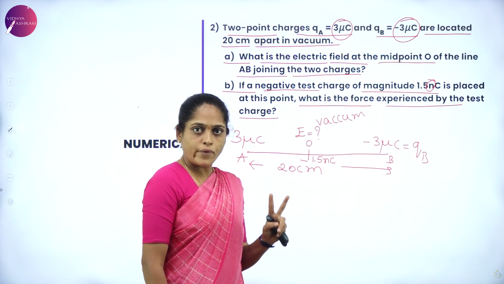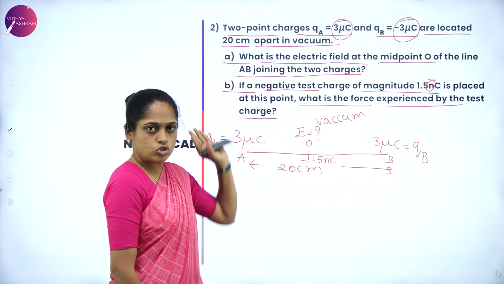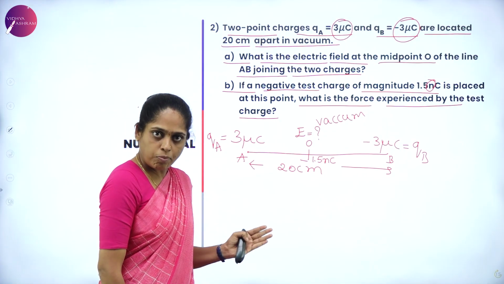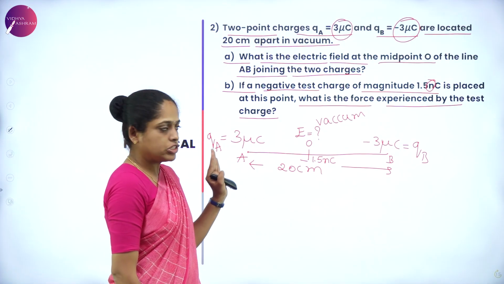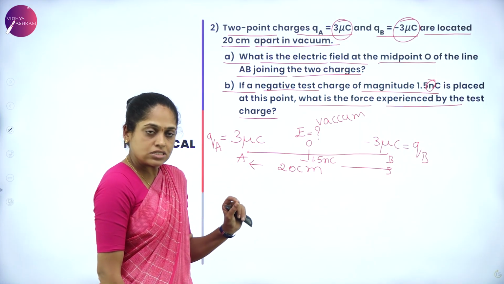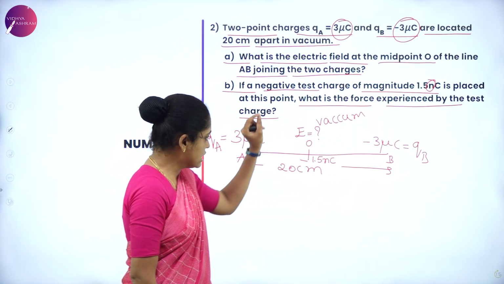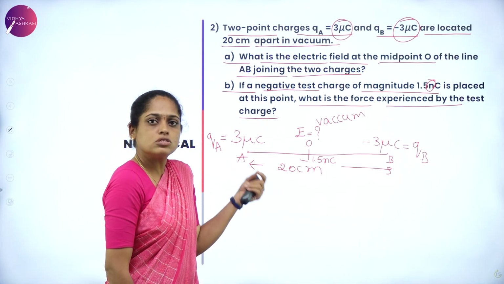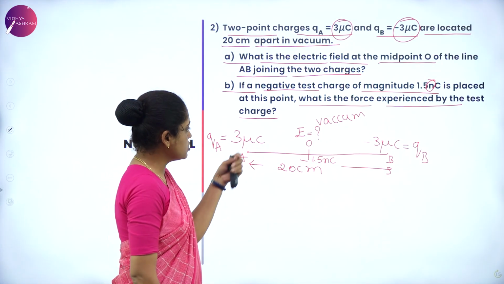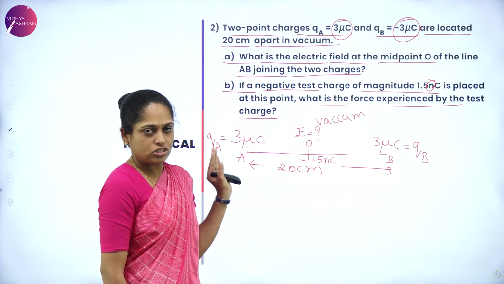Here we have two questions. One is to find the electric field at midpoint, and the next is, a negative test charge of magnitude 1.5 nanocoulomb is placed at midpoint. Then what is the force experienced by that test charge?